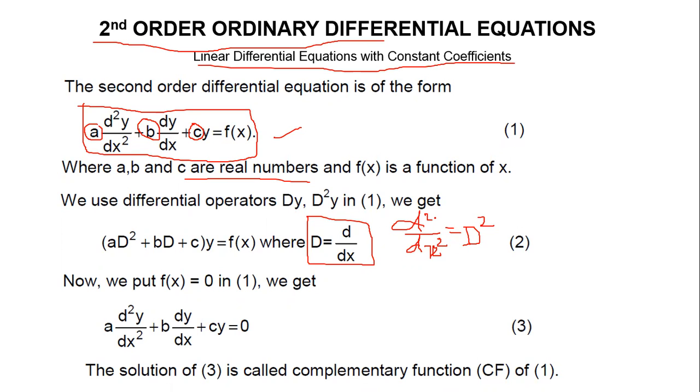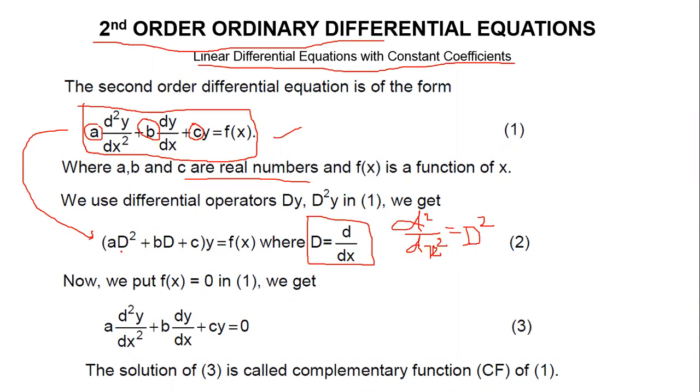Therefore, if you substitute d square by dx square as D square, then this equation becomes a D square plus bD plus c, y equal to f of x. What is this f of x? F of x is the right hand side, it is a function of x. It may be exponential, trigonometric, or algebraic.